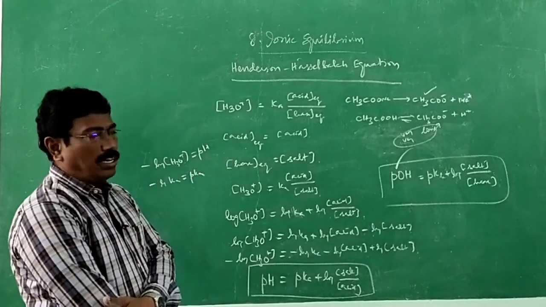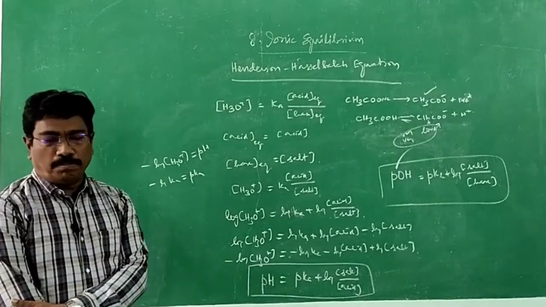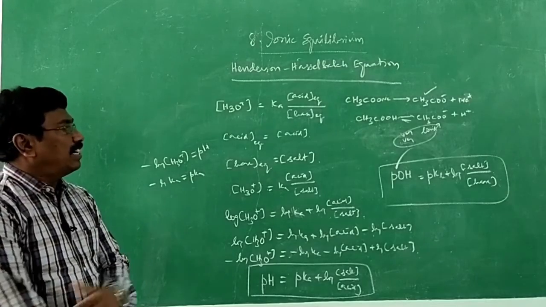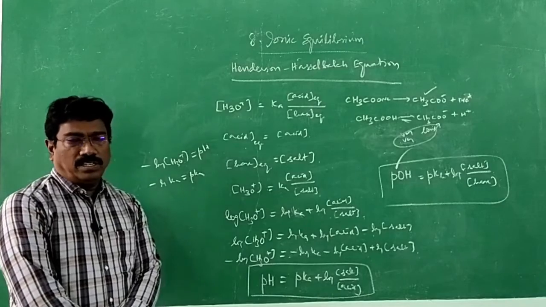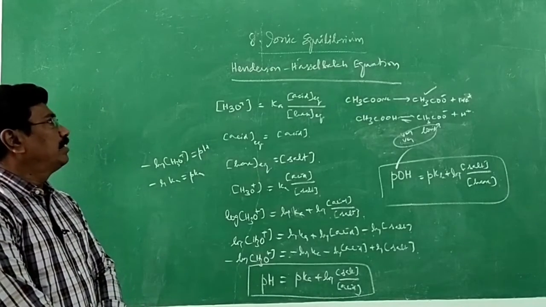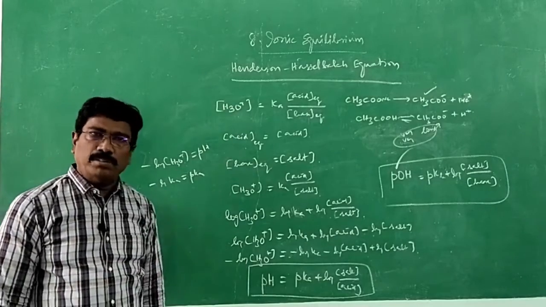Don't forget to draw the square brackets. You will be forgetting to draw square brackets. That is important. So, that is about the expressions for pH and pOH of a buffer solution, which is said to be the Henderson-Hasselbalch equation. Thank you.